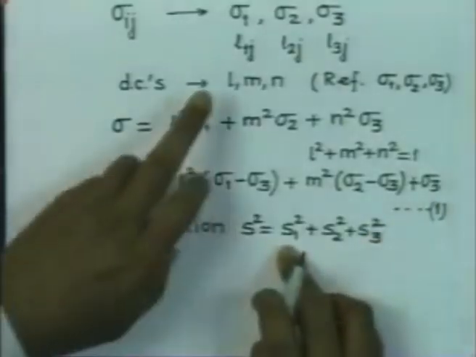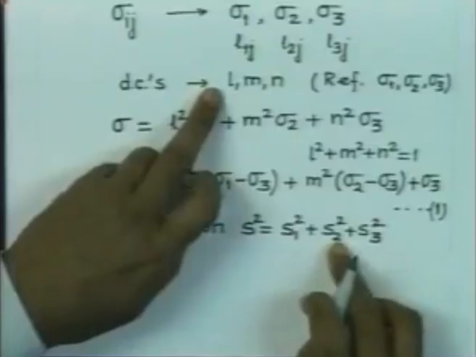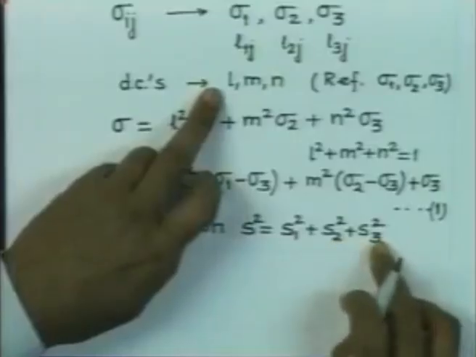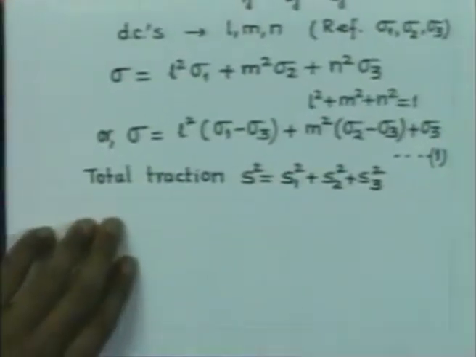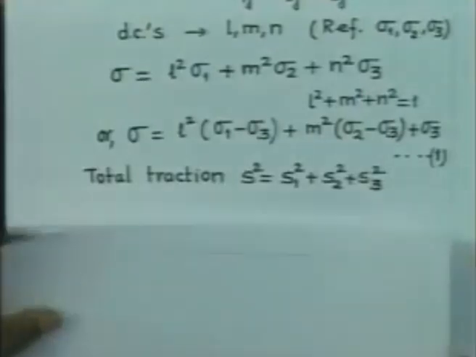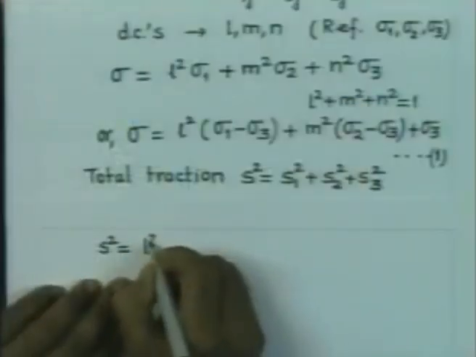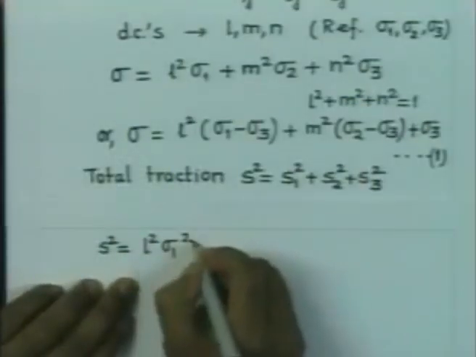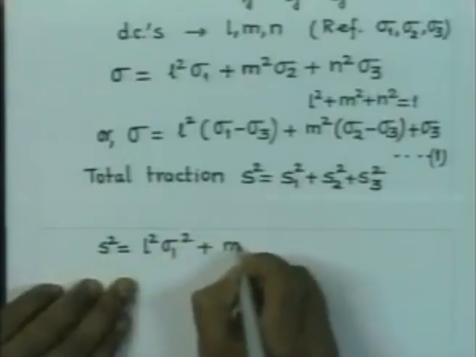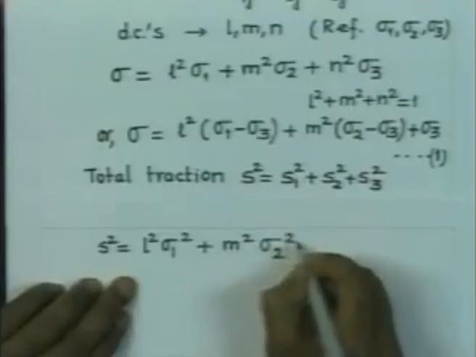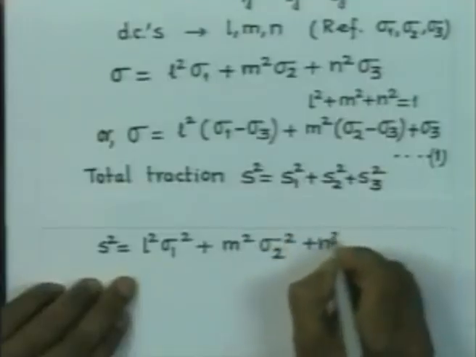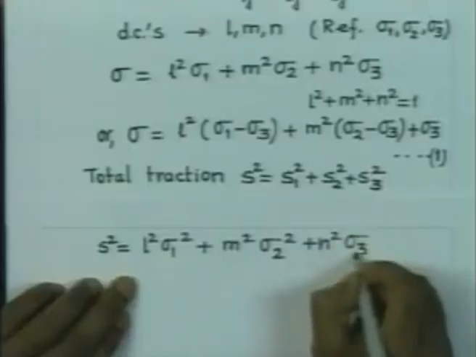Since S1 is L into sigma 1, S2 is equal to m into sigma 2, and S3 is equal to n into sigma 3, we can write the relation S square is nothing but L square sigma 1 square plus m square sigma 2 square plus n square sigma 3 square.